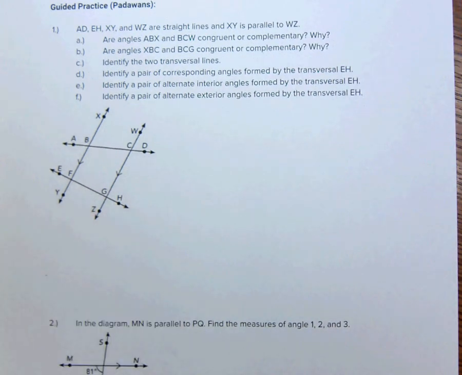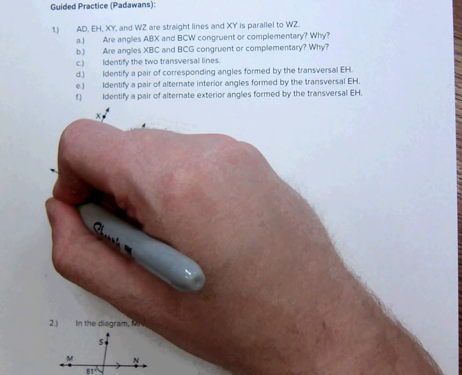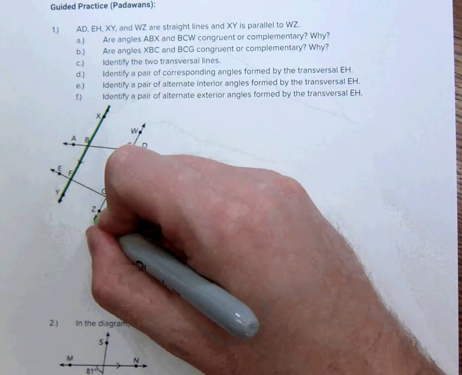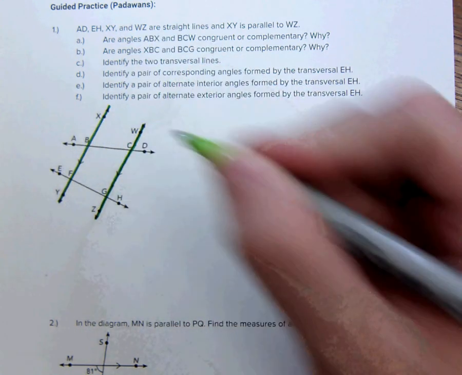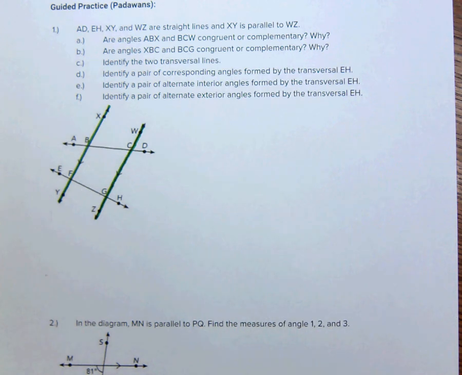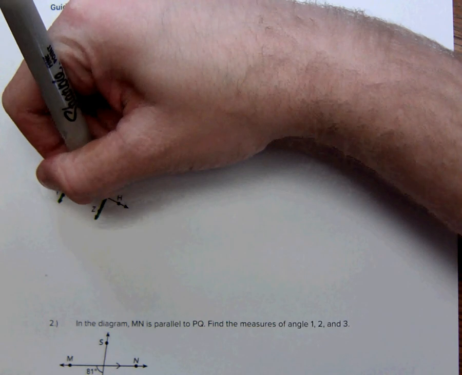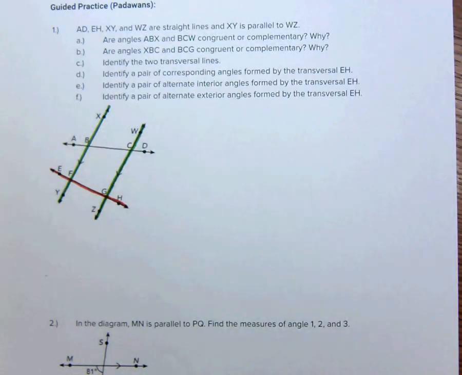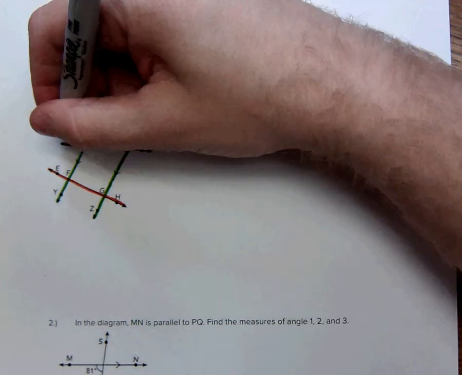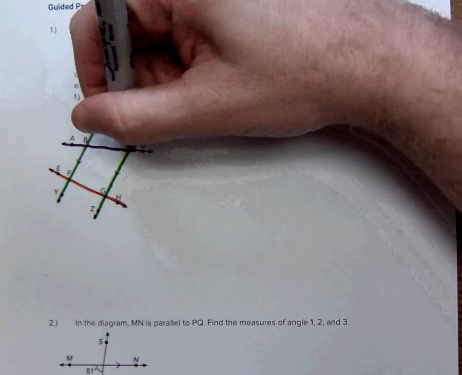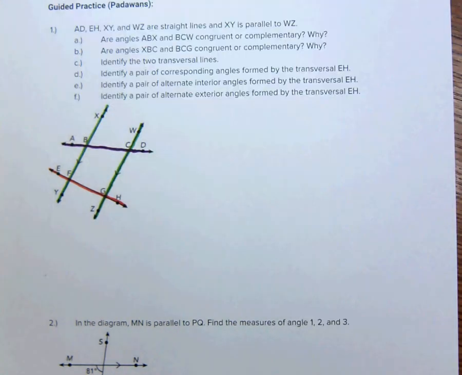Which two angles are corresponding? If you want to color them, I don't care. But notice we have two parallel lines right here. That means we have two sets of transversals. We have one transversal here, and another transversal over here, where the angles will not be the same for each one of them. So just keep that in mind.